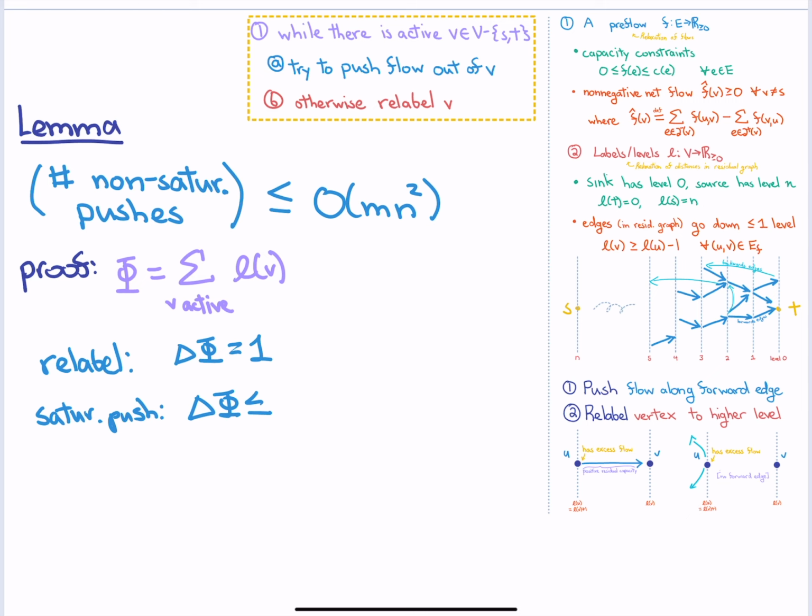Why? Yeah, but okay, so imagine I have like 10 units of water here, and this edge can only carry 5. So if I push 5 down, this vertex will end up with 5, and it'll still have 5 up here. So n.